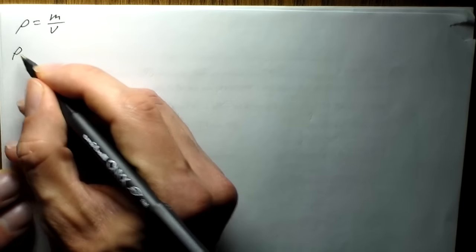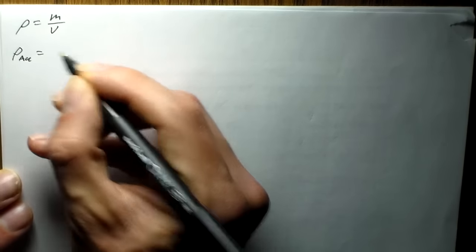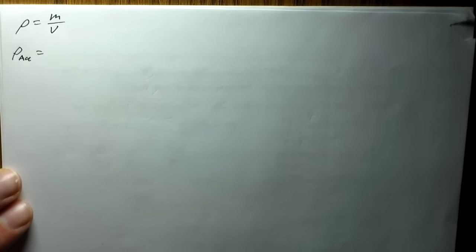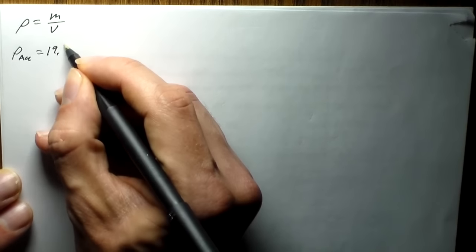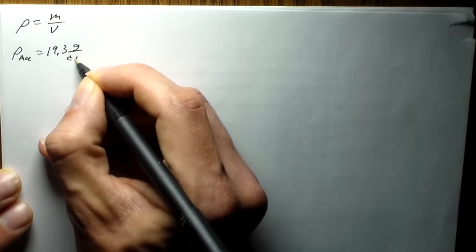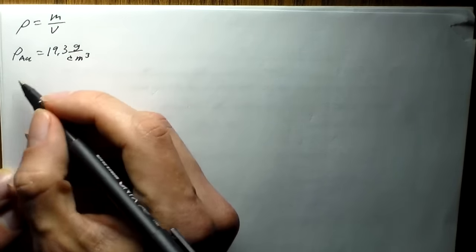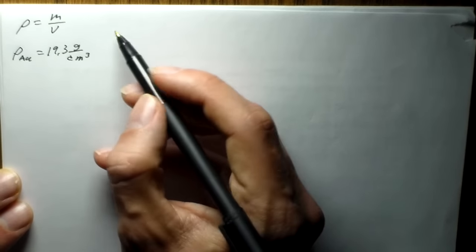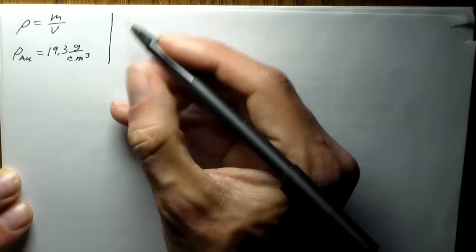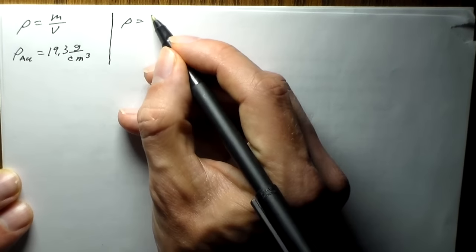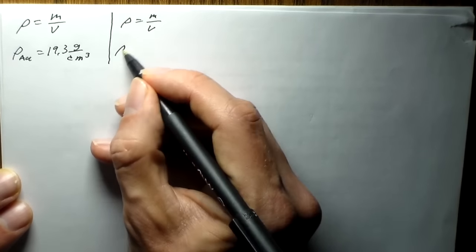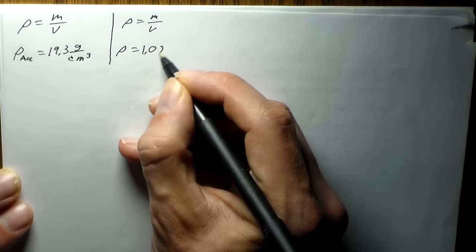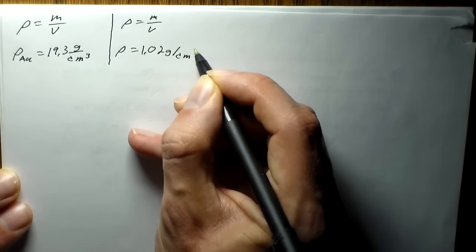First of all, we're going to need to know the density of gold. That was just from the book, 19.3 grams per cubic centimeter. I want to put this in a separate column here. We're also going to need the density of a person, and that's 1.02 grams per cubic centimeter.